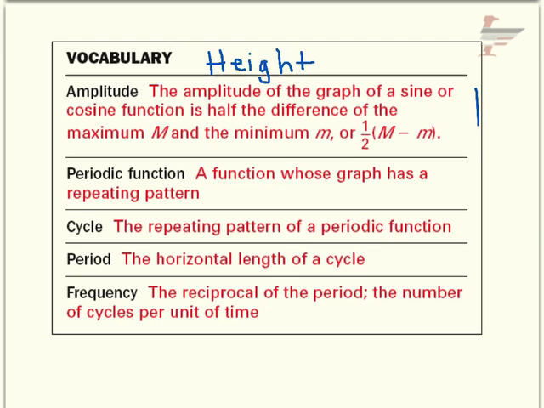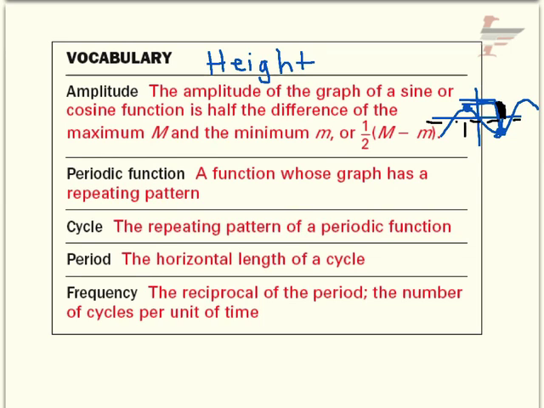So if you have a cosine or sine wave, you're going to take a maximum and a minimum, and then that difference you're going to cut in half, and that's amplitude. So basically you envision what's called the midline that cuts this thing symmetrically in half, and the distance from the midline to a max or from the midline to a min point is your amplitude.